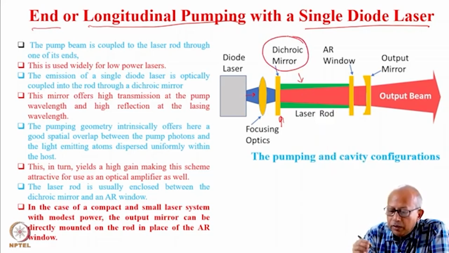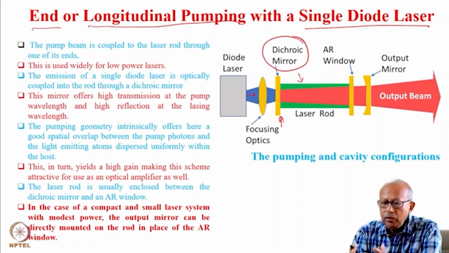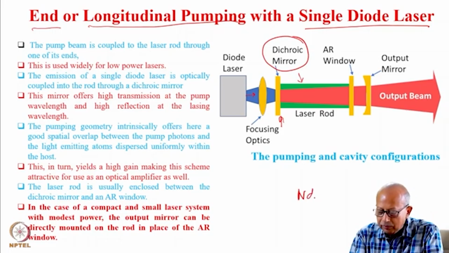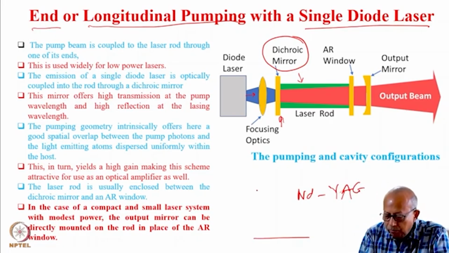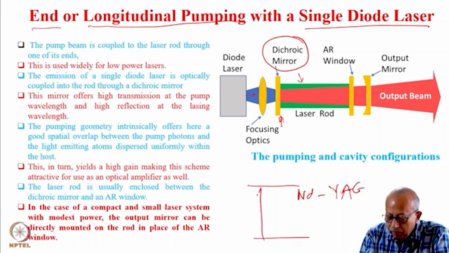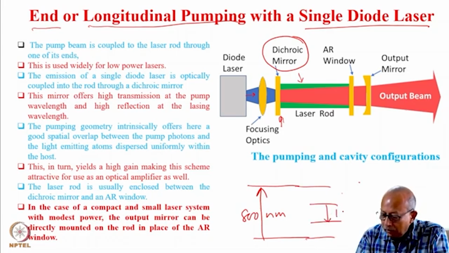Through a dichroic mirror. Now we are again considering the Nd-YAG laser, which is pumped at around 800 nanometer, and the lasing occurs at 1064 nanometer.